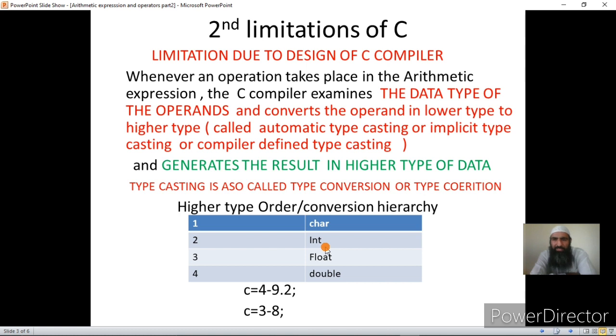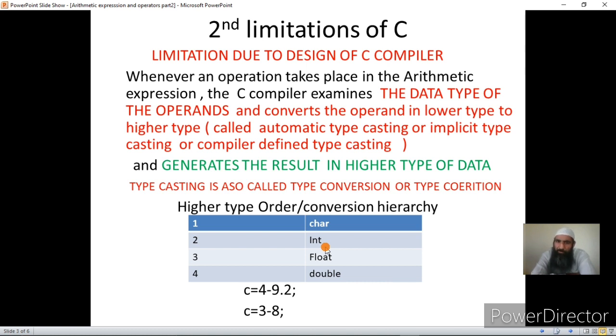It will first examine the data type of the operands, and the lower data type will be converted into the higher data type. This type of conversion is called automatic typecasting or implicit typecasting or compiler defined typecasting. This will be done by the compiler.